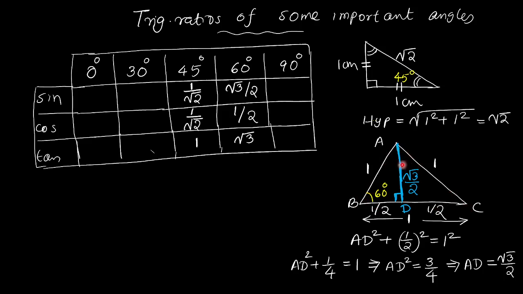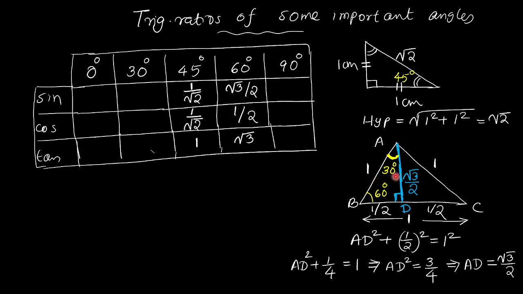But this portion will be half of 60 degree, or 30 degree. We have a right angle triangle here. This is 60 degree, so this must be 30. 60 plus 30 is 90. So this angle will be 30 degree.